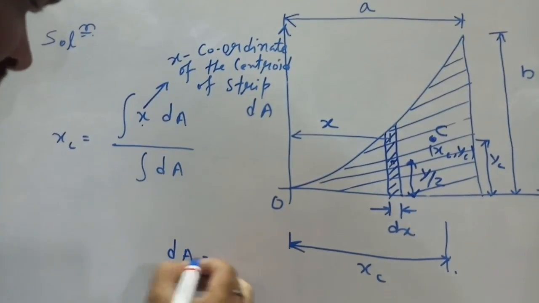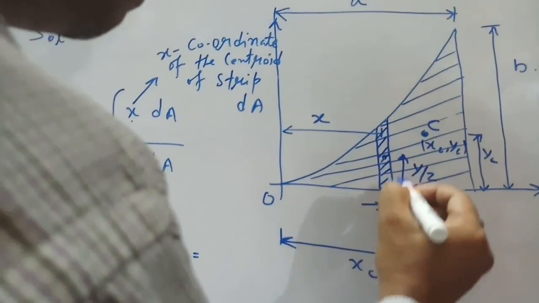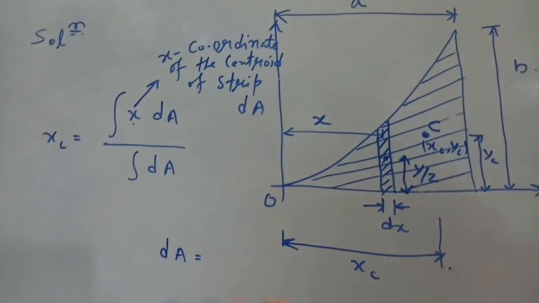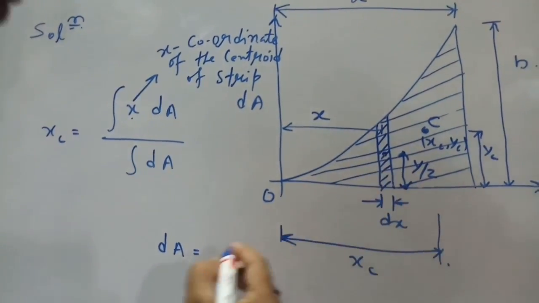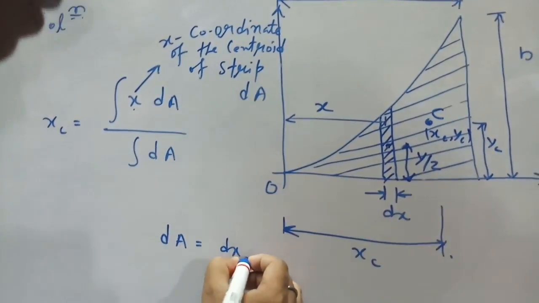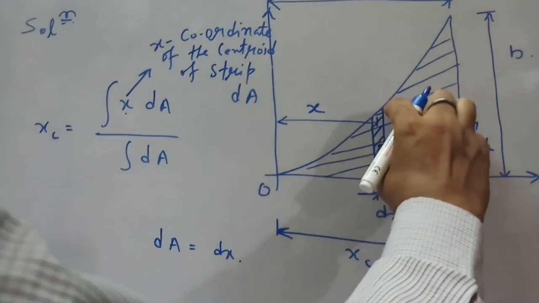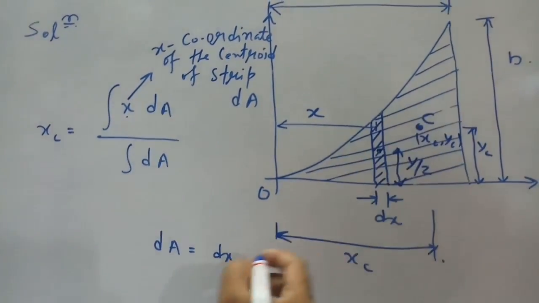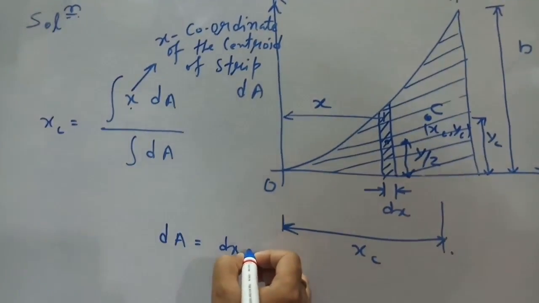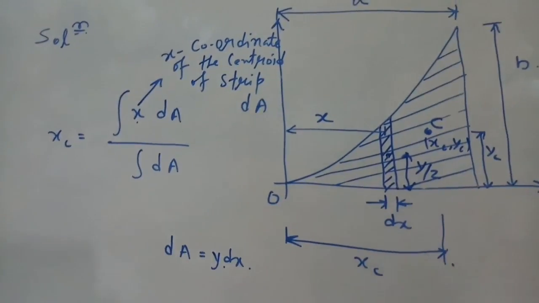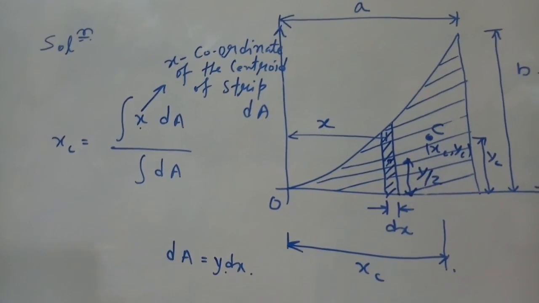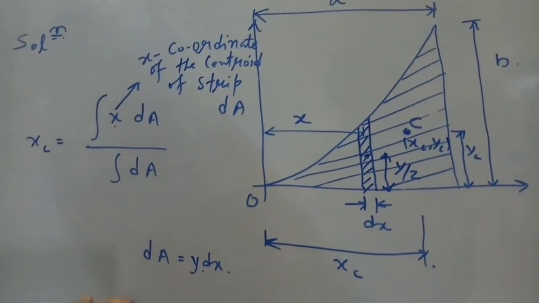It is the area of this strip, length y multiplied by dx, that is y dx.